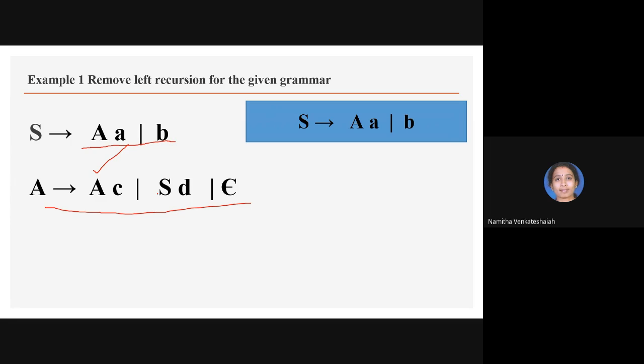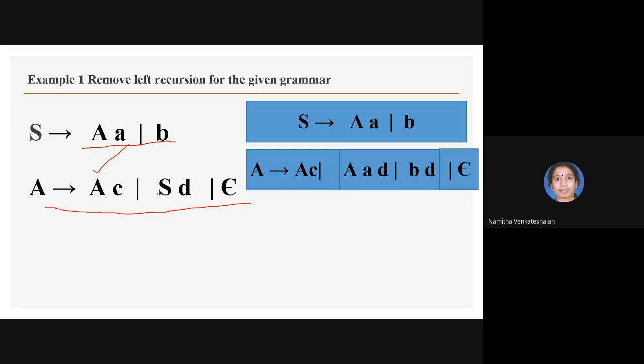But if you substitute, what happens? In the place of S, S can be substituted with AA, or B. So two substitutions are possible for this. Look here, this is one substitution, and this is one more substitution.